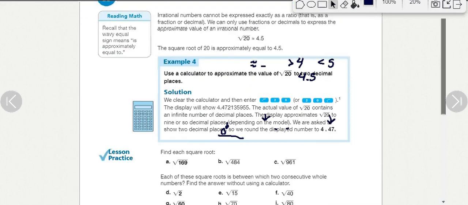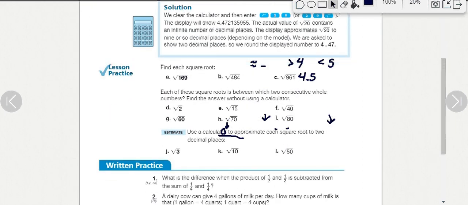So on your lesson practice, you've got A, B, C square roots. D through I are not going to be perfect squares. So you just have to tell us which two consecutive whole numbers it is between.